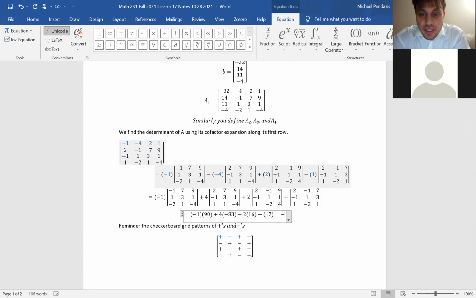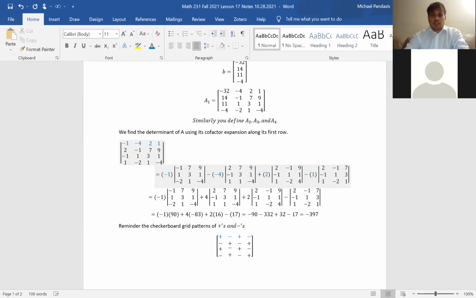So when you calculate that, you get negative 90 minus 332 plus 32 minus 17. Okay, so you calculate that, you have negative 412, negative 380, negative 397.